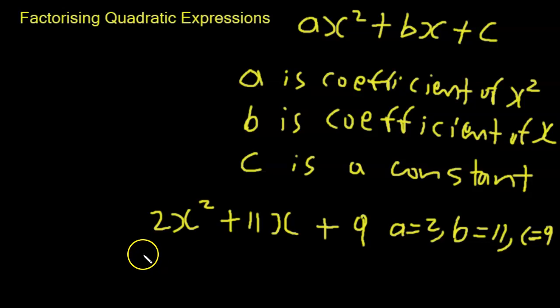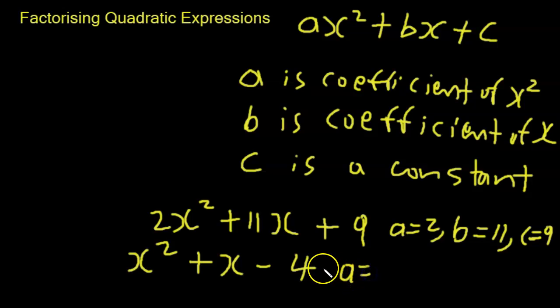Suppose you have a quadratic expression like this: x squared plus x minus 4. See if you can pause the video and identify the values of a, b, and c. So a, the coefficient of the x squared, is a value that's multiplied to the x squared. What value is multiplied to the x squared here? No, it's not 0. Yes, it's 1. If it's 0, there wouldn't be any term, because 0 times any value will give you 0, right?